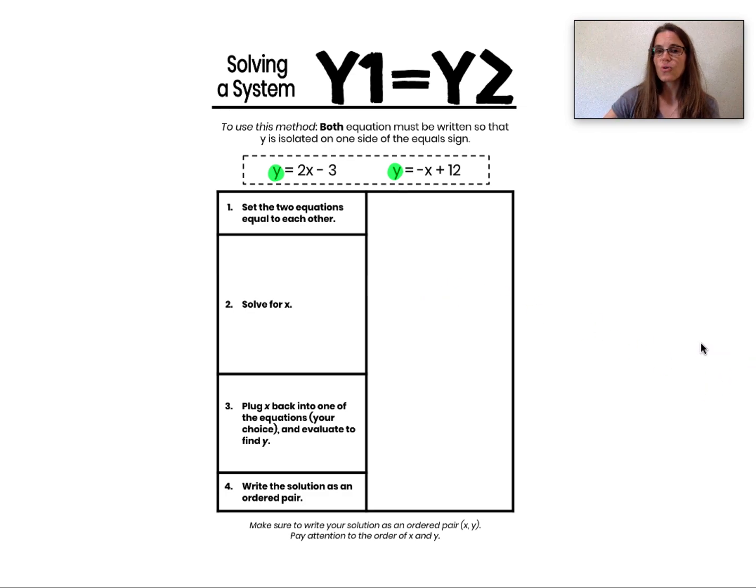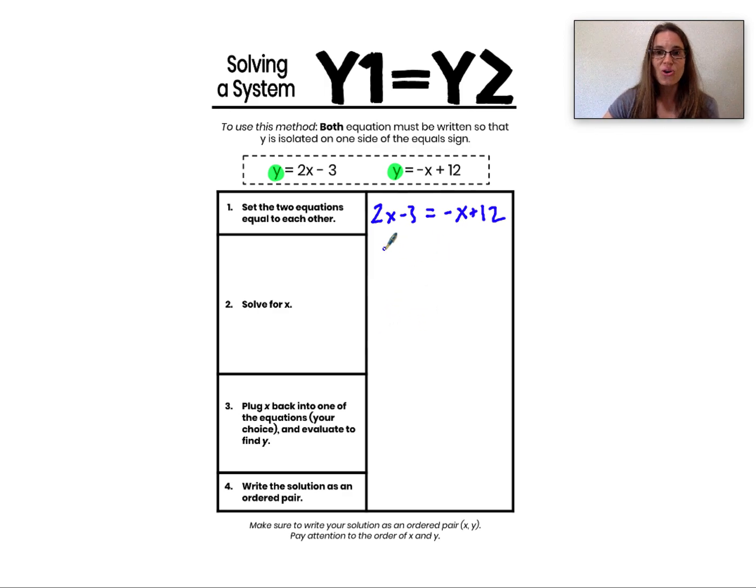By setting the two equations equal to each other, what I really mean is I'm going to set the right-hand side of this equation, 2x minus 3, equal to the right-hand side of this equation. I'm then going to solve this equation for x. This will tell me the value of x at the solution to this system.